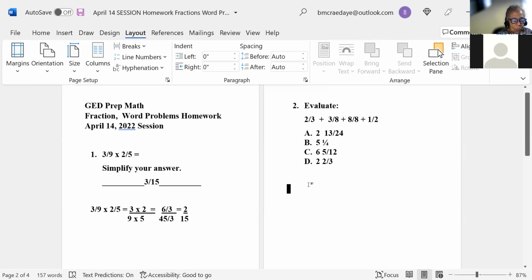Now, what I want you to do, Vanessa, is the least common multiple is your common denominator. So I want you to look at these and find the least common multiple of those denominators of 3, 8, and 2. 8 is there twice, but I just put it once.